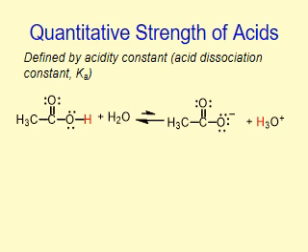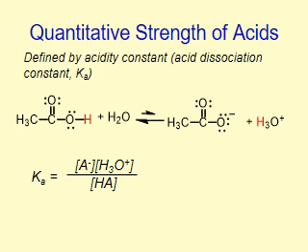When a strong acid is dissolved in water, almost all of the molecules dissociate into the conjugate base and the hydronium ion. Therefore, the equilibrium would lie to the right, favoring the products. When a weaker acid, such as acetic acid shown on this slide, is dissolved in water, very few molecules dissociate, and the equilibrium actually lies to the left, favoring the reactants.